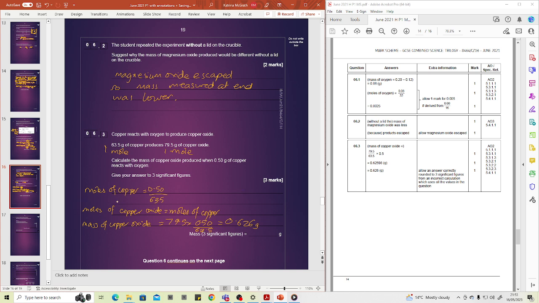But we've gone the moles way so that we can do the more complicated questions where we have a ratio, because 1 mole of copper oxide in this answer just came from 1 mole of copper, but it's not always going to be like that. So this is our longer method for when we have a different reaction with a different ratio of moles, but there is also this shortcut that you can use right here.